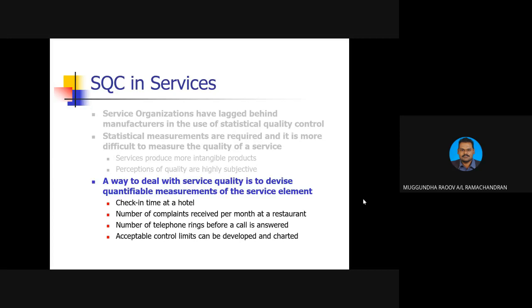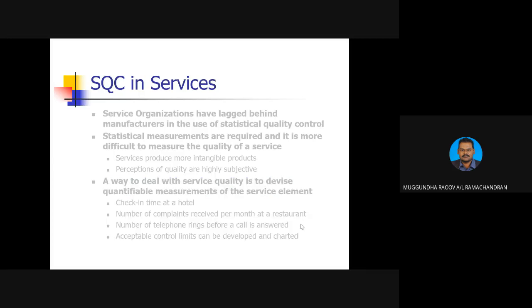So a way to deal with service quality is to devise proper, quantifiable measurements of the service element. Examples are check-in time, number of complaints, and number of telephone rings before the call is answered. Acceptable control limits can be developed and charted. This is how they use the control chart.